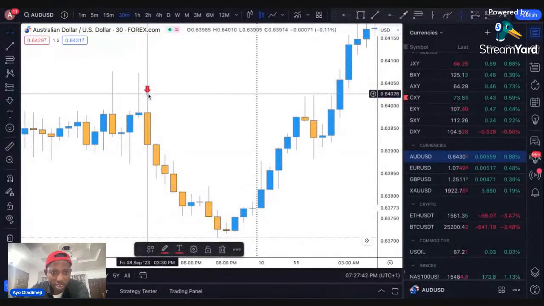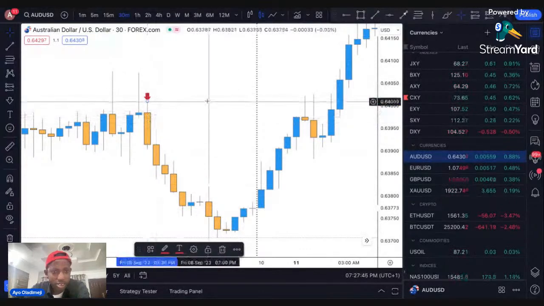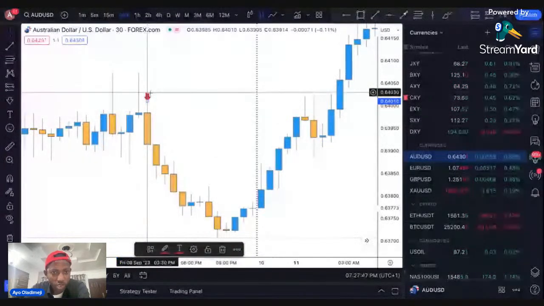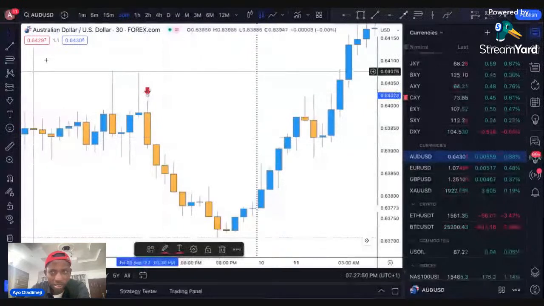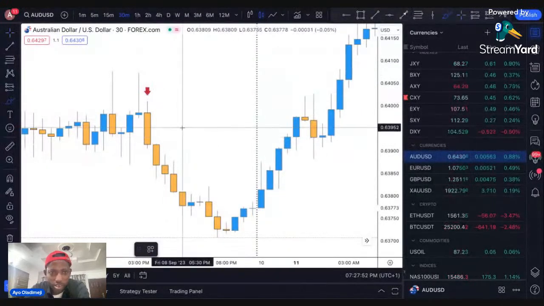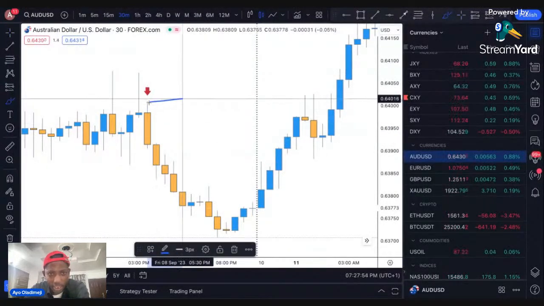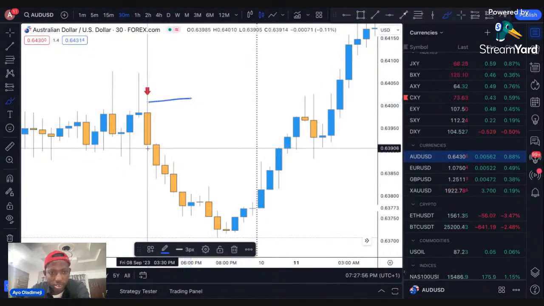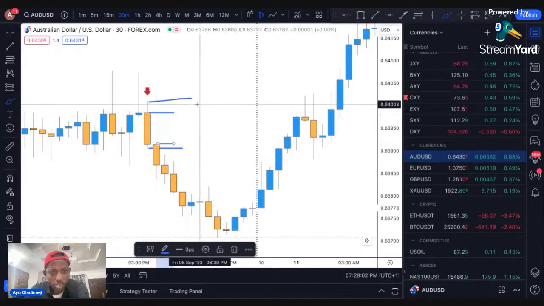Now, if you look at this candlestick, ladies and gentlemen, you will see what we call the wick and the tail. You see here, this is the high, this is the low, this is the open, and this is the close.